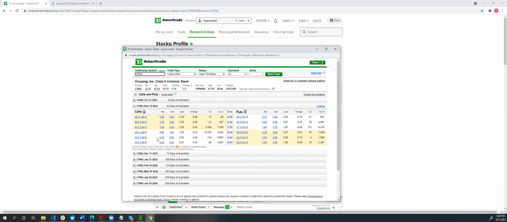So that's what we are getting. But let's take an example. If I want to trade a $30 call, which is only $2.50, you can see that whoever is buying this call is paying a lot more, almost $1. So the same scenario applies here.